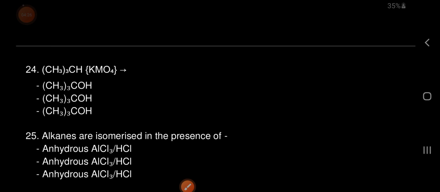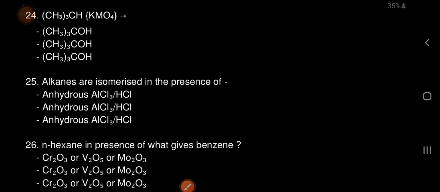CH4 plus O2 in the presence of molybdenum oxide, Mo2O3, on heating gives HCHO plus H2O. (CH3)3CH in the presence of KMnO4 gives (CH3)3COH.